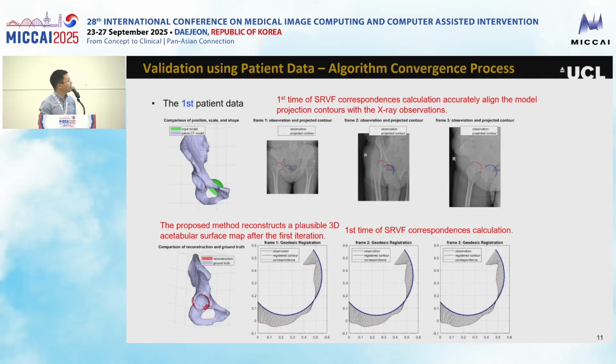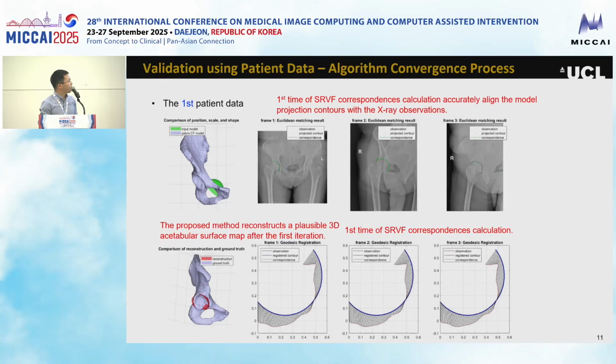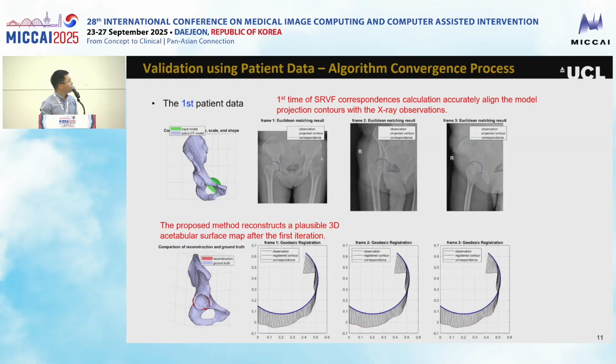This demo shows the in vivo real patient dataset. As you can see, after 2 rounds of correspondence calculation, our method can get a very good reconstruction, as we can see from the bottom left. And also, we can see from the top right, the model projection contours are well aligned with the X-ray observation.